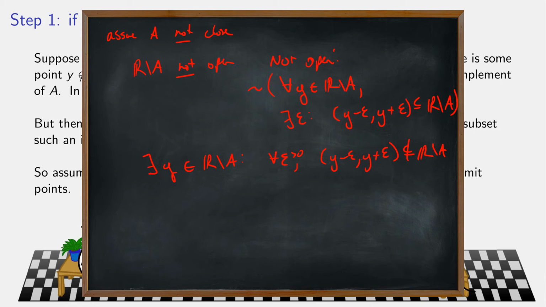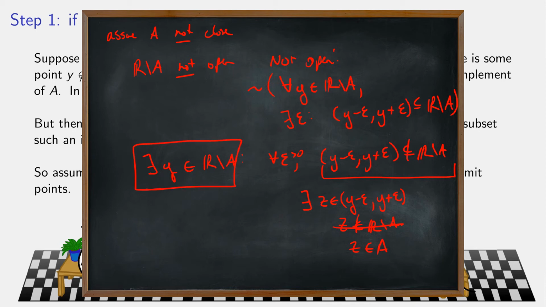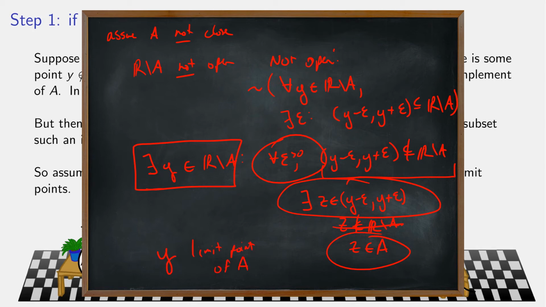Now, what does it mean to not be a subset of something? There exists something in this interval which is not in that set. And if you are not in R minus A, then you are in A. So there is some point not in A, so that no matter what epsilon you pick, there is something in this interval which is in A, which tells me that y is a limit point of A. That's exactly what all of this on the right shows.